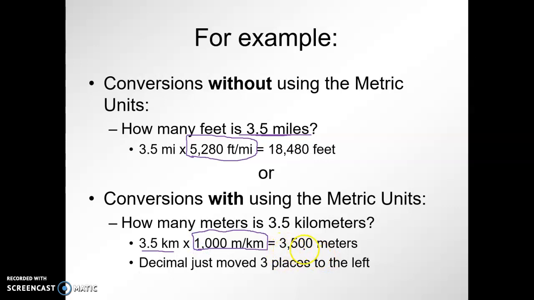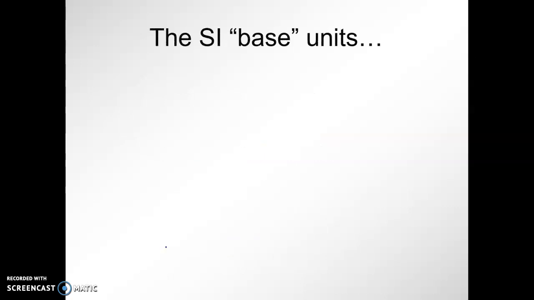And that's going to give you 3,500 meters. Or, if you see the pattern, the decimal just moved to the right 3 times. So you take this decimal place, move it 1, 2, 3 times, add in your 2 zeros, and then you have your number. That can easily be done really quick in your head. So obviously much easier. You don't even need the calculator for that.